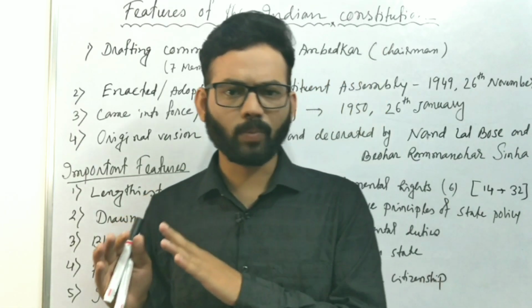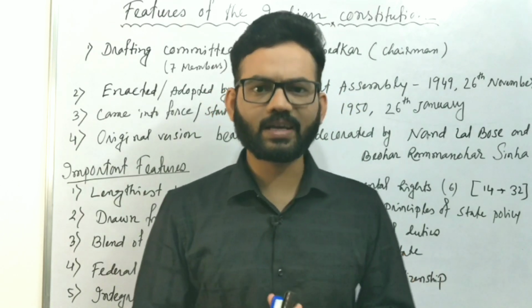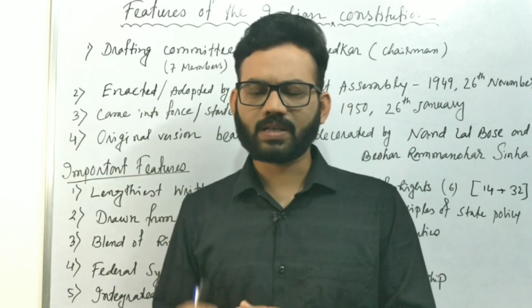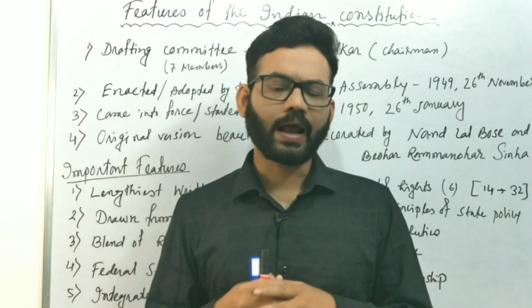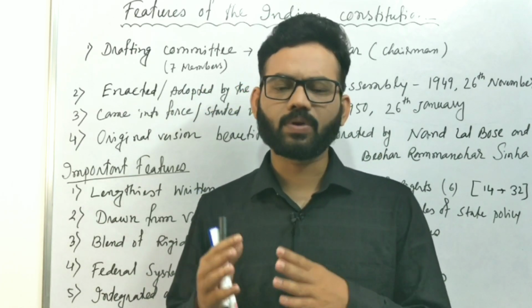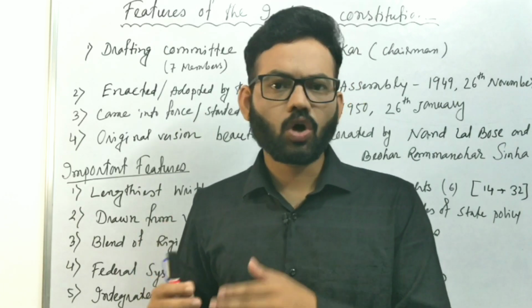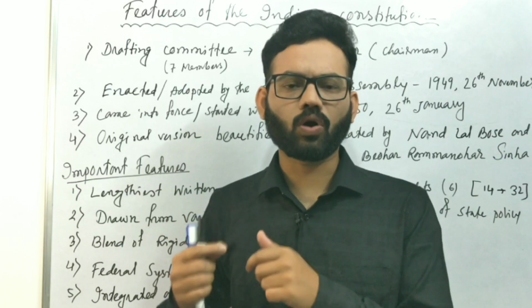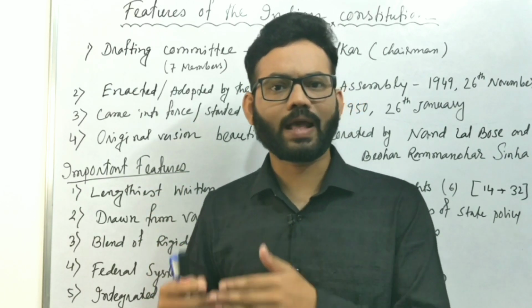So the main committee behind the formation of the Constitution of India was the drafting committee, with 7 members, and Dr. B.R. Ambedkar was its chairman. The drafting committee gave the draft of the Indian Constitution to the Constituent Assembly, which today we call the Parliament. At the time, it was the Constituent Assembly.